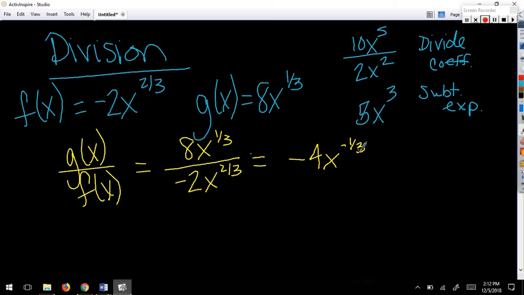Now hold up. Good job. What do you do when you have a negative exponent? You got to flip it. Now the 4 is going to stay up top. Okay, it's its own piece. It's multiplied. So it's -4 over. It's the same concept we did in chapter 2 with the properties of exponents.